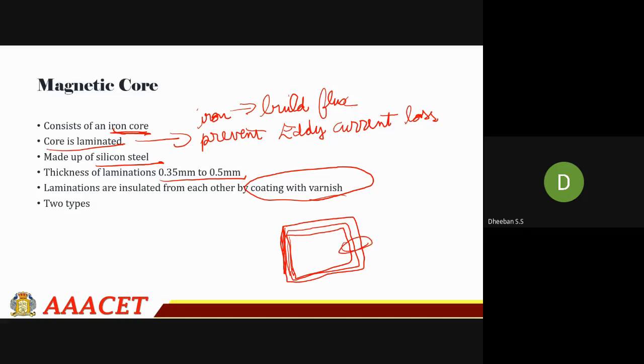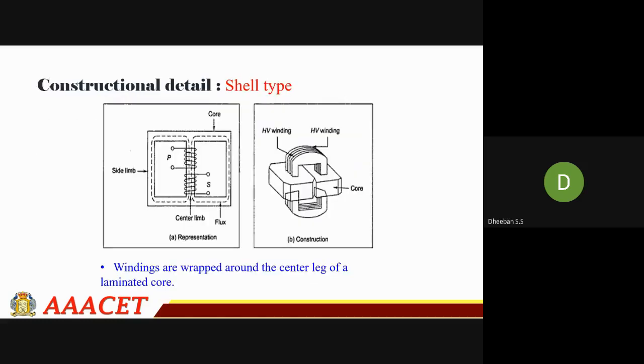Finally the magnetic core will be formed, and it will look like this. Here this is your core, and this is your winding. As I said, they'll keep the stampings like this, and the windings will be wound over like this.